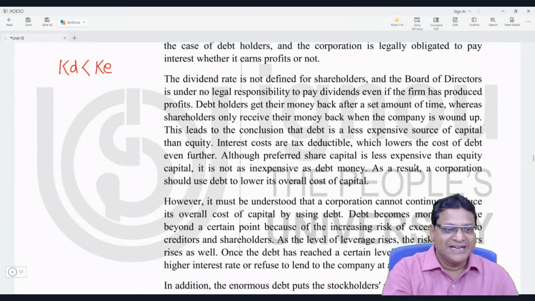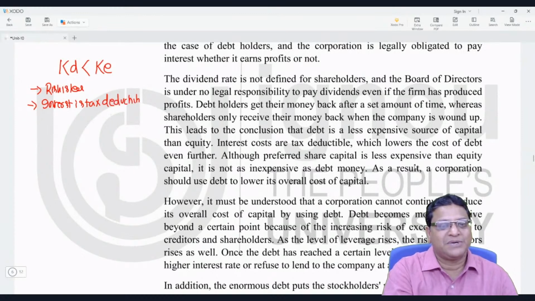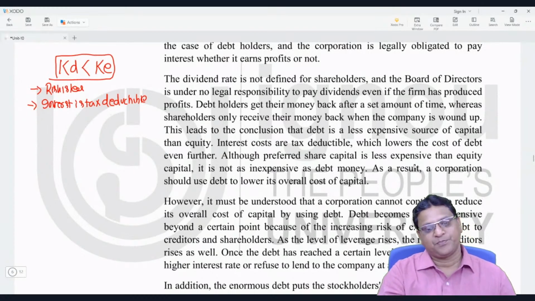First, the risk is less. In case of debt, risk is less, and in case of debt, the interest is tax deductible. These are the two reasons because of which cost of debt is less than cost of equity.